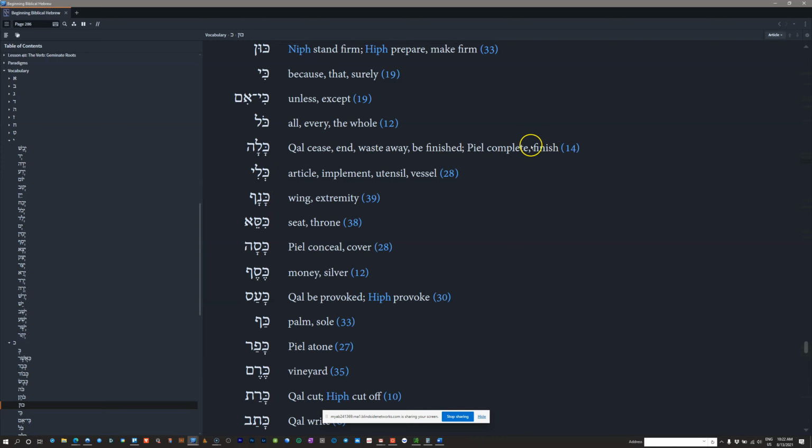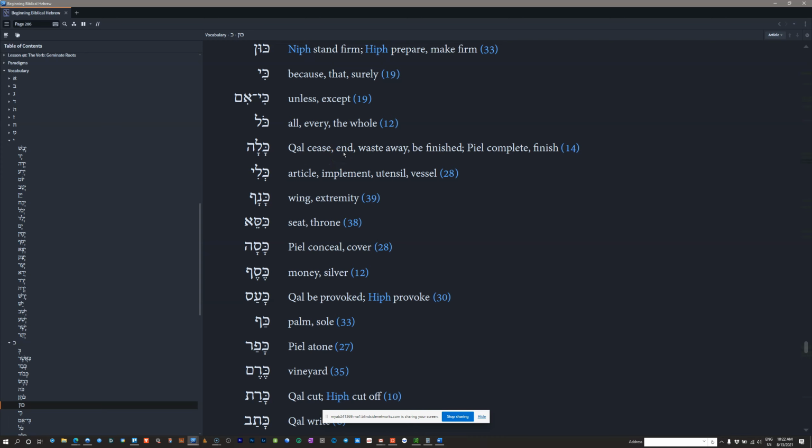It only means to finish something, this would be transitive. It implies a direct object. That only happens in the PL. When you're in the cal, it means that you yourself stop. It doesn't mean you complete something necessarily. It means you stop acting. It means that you end what you're doing.